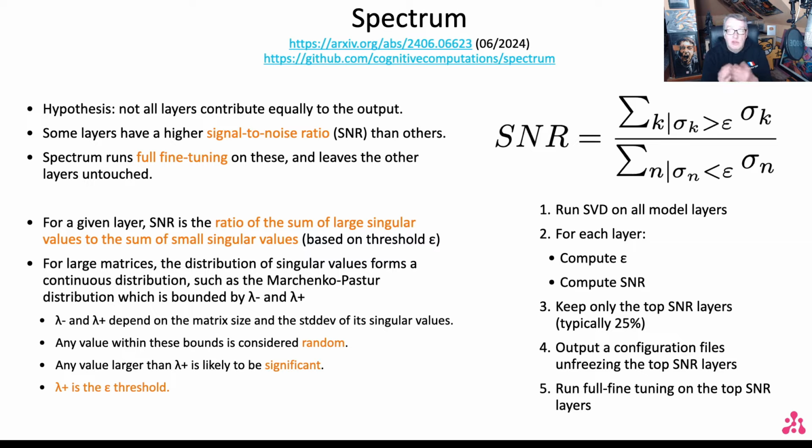So now you can see if a layer has a lot of very high singular values, it will have a higher sum in the numerator, and it will have a high signal to noise ratio. And this is the definition of the SNR.